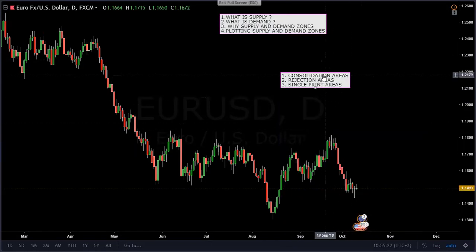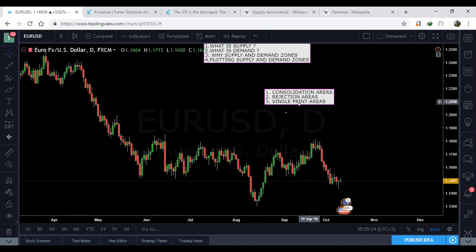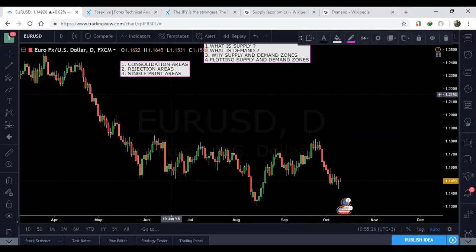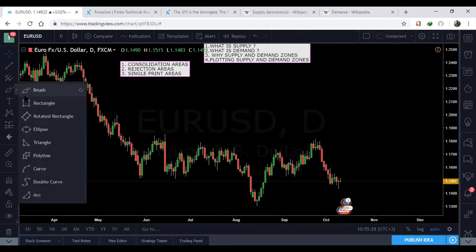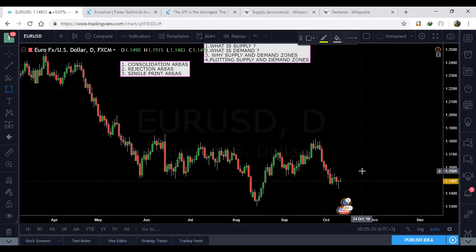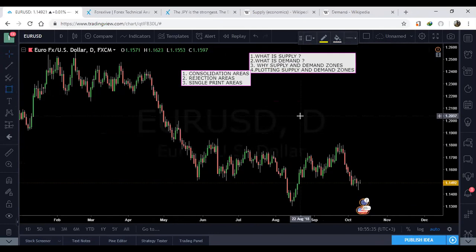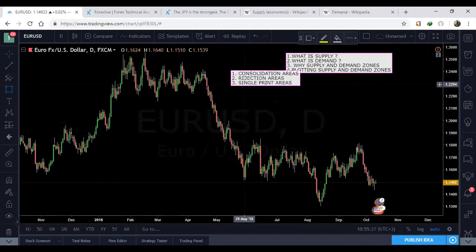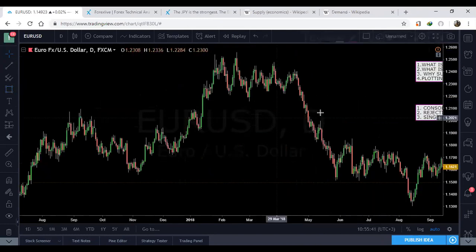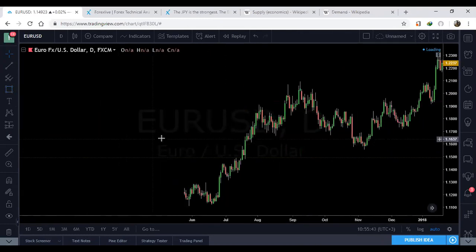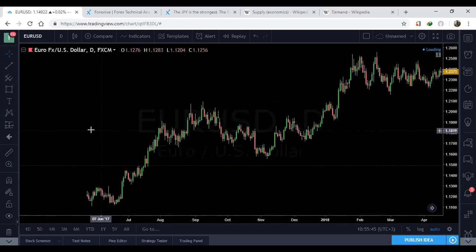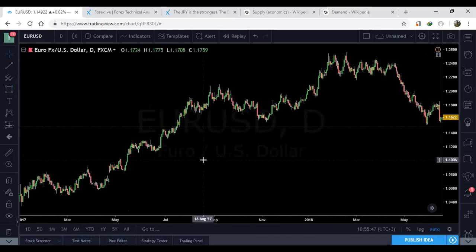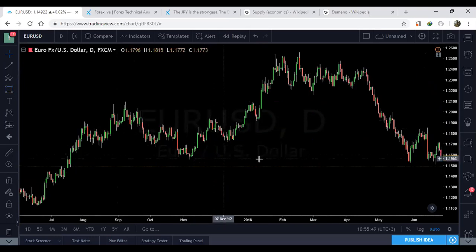So how do we do that? First, let's start with the consolidation areas. We're going to use our rectangle tool right here. Remember, this is a daily chart. For the consolidation areas, we want to see a zone where price has consolidated, and see if it will provide a nice level of supply or demand in the future.